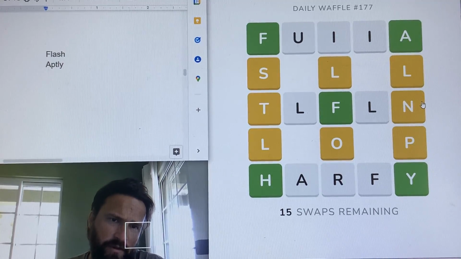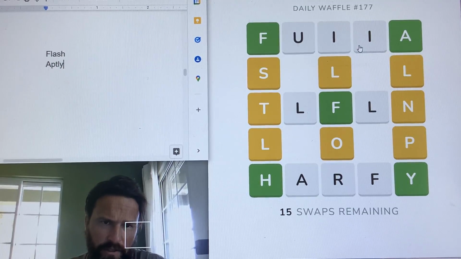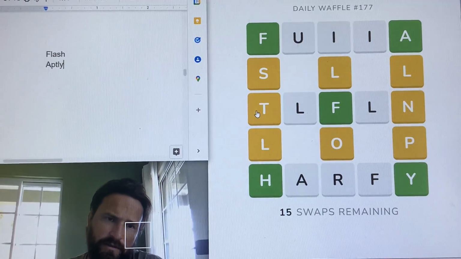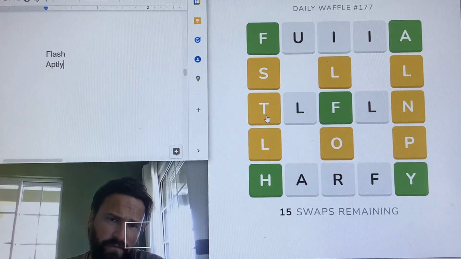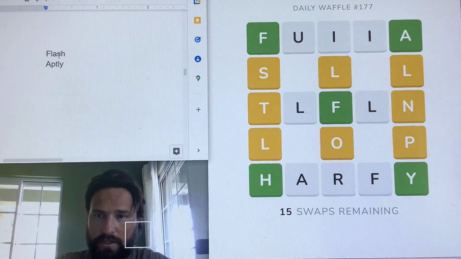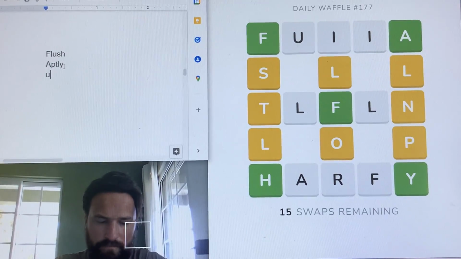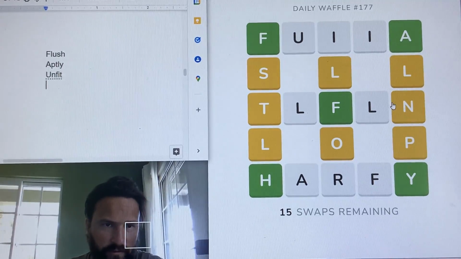There's no letter that could go between F and T. So we have just U's and I's galore up here. And we do, so flush, oh, this could be flush. Unfit. Yeah, so this isn't flash, this is flush. Flush and unfit makes more sense. And I'm pretty sure about those, they seem really right.